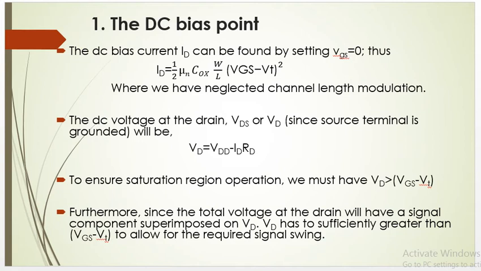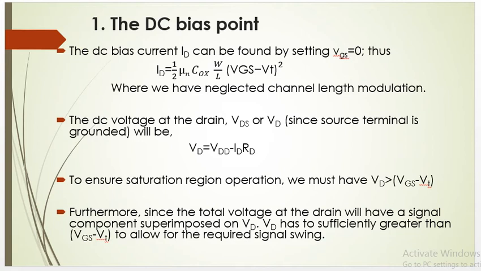The DC bias current ID can be found by setting vgs equal to 0. This vgs corresponds to the signal that needs to be amplified, where we have neglected the channel length modulation in the ID current equation.